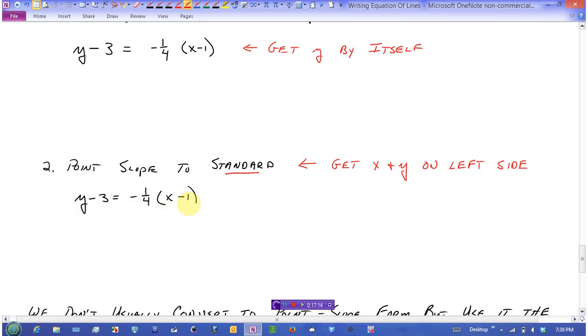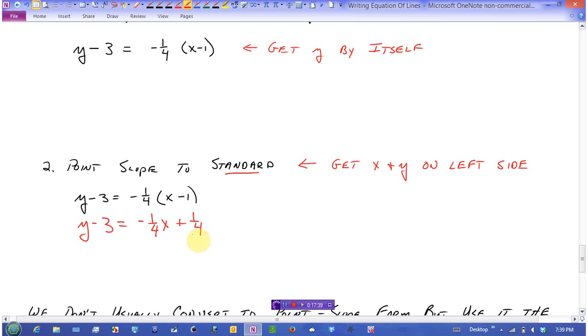Okay, so here I have a point-slope form. Let's go ahead and get that into slope-intercept. So we would have y minus 3 is equal to a minus 1/4 x. This minus 1/4 times the subtract 1 would give me plus 1/4. Alright, so now let's try to move. Remember, standard form has all the x's and y's on one side and a number on the other.